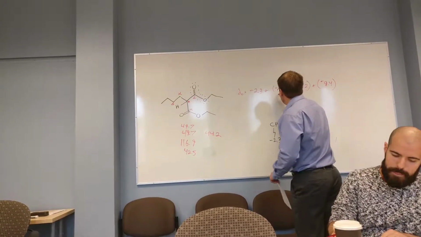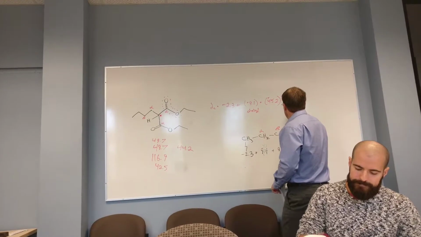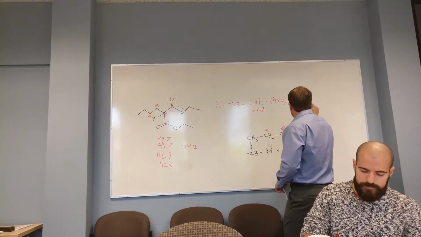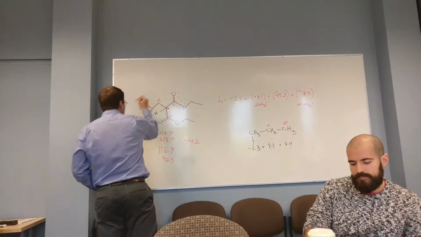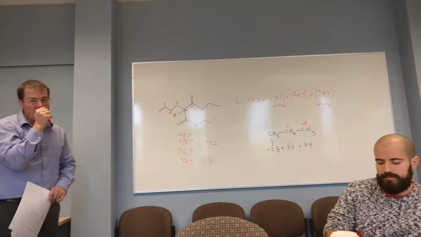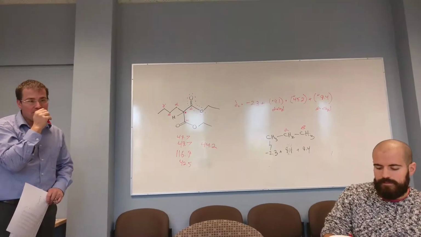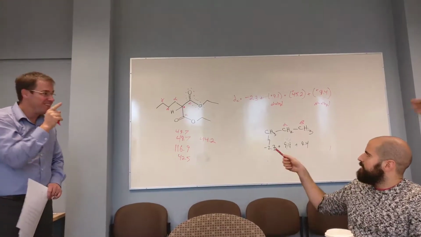So this was our alpha alkyl. This was our beta alkyl. We also have a gamma alkyl. Do we have any other gamma stuff that we need to take into account? Would you consider the ethyls?